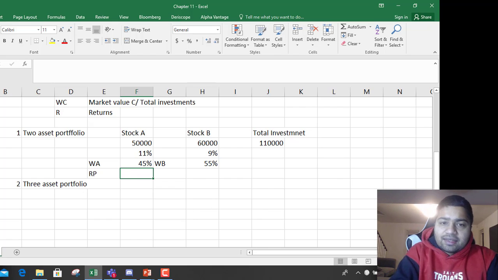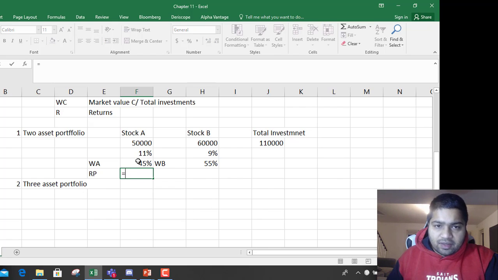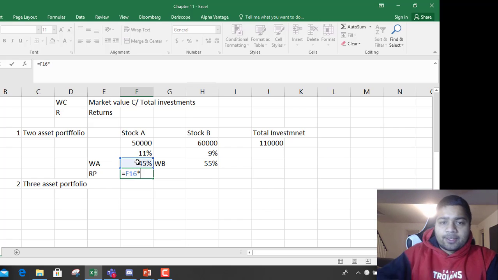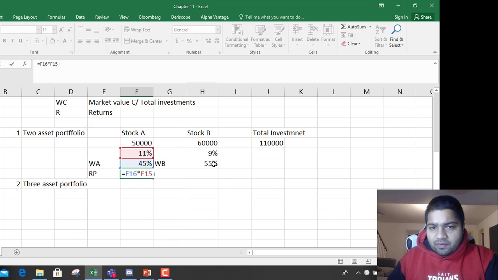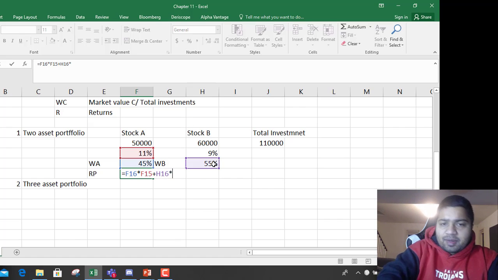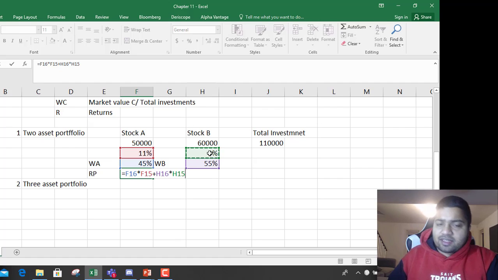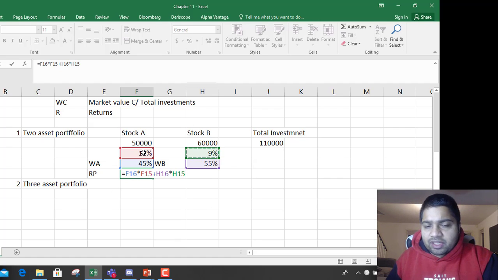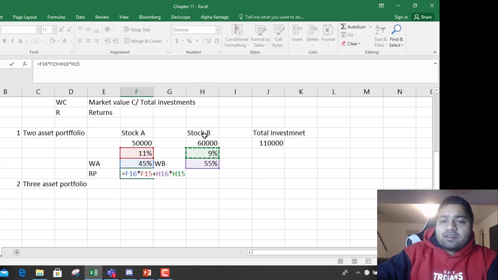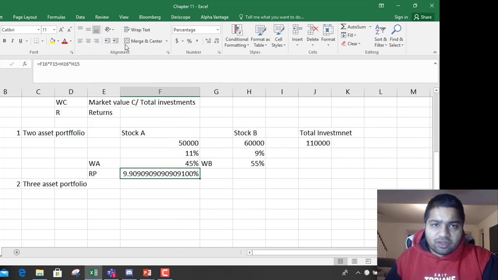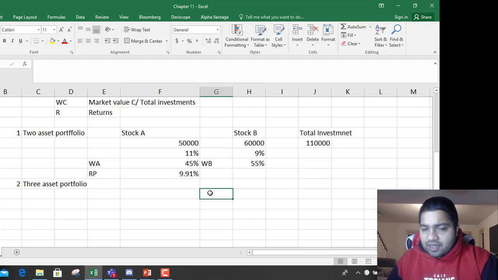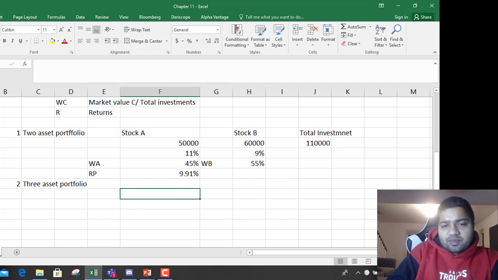It is calculated as weight of asset A into return of asset A plus weight of asset B multiplied by return on asset B. So weight into returns, weight into returns. So return on this portfolio is 9.91%.